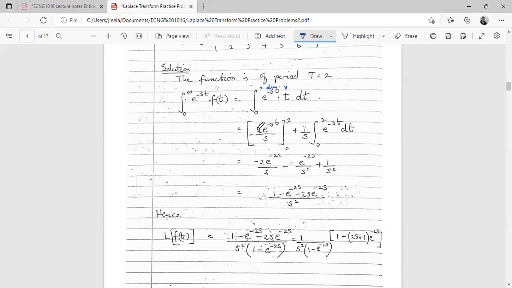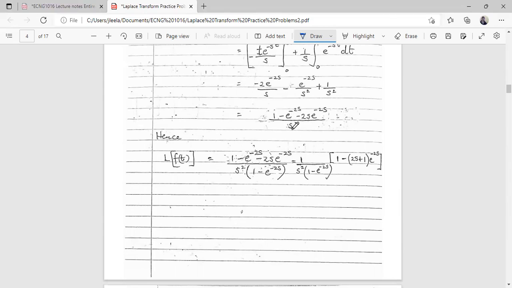But remember here, you're substituting t equals 0, not just in the exponential position, but here. So what will happen here, once you put in t equals 0, this will drop out. So you won't get any other term from that. And then from the other integral, you'll get e to the minus st over minus s, which is minus s squared in the bottom. So when you put in the upper limit, you'll get minus e to the minus 2s over s squared. And then from the lower limit, you'll get plus 1 over s squared.